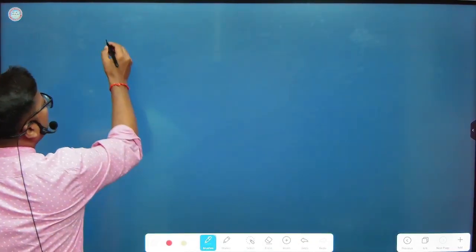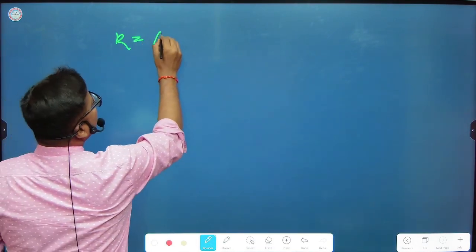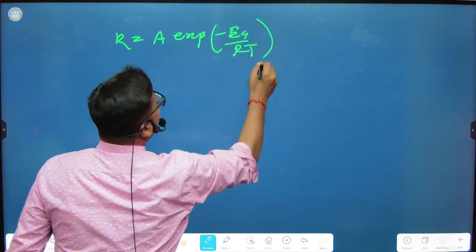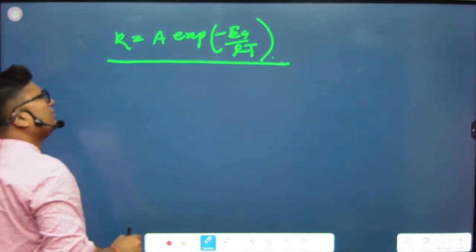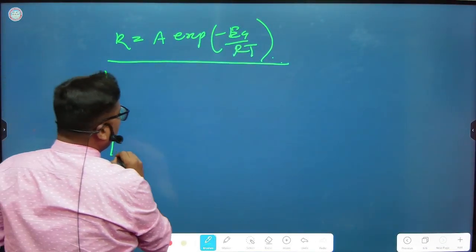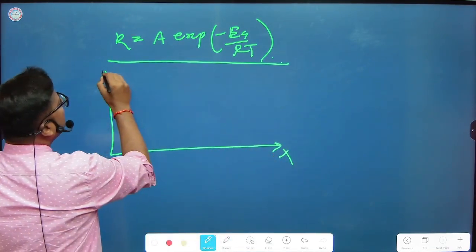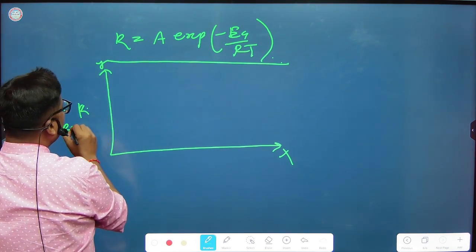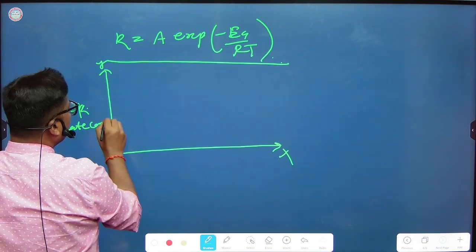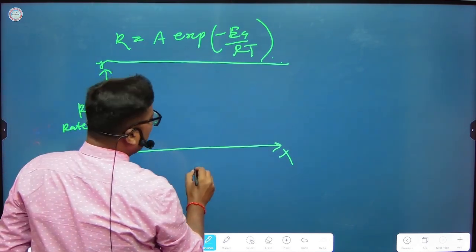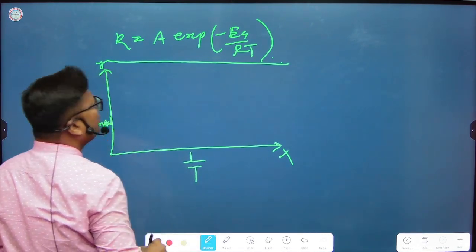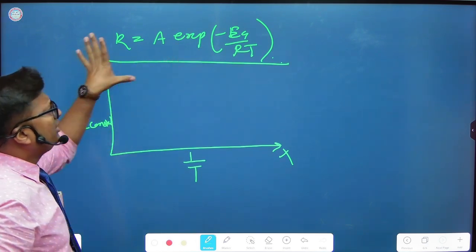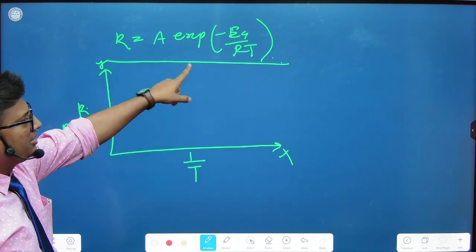in contrast, we can draw a plot. This is the x-axis and this is the y-axis. This is K, the rate constant, and this is 1 by T. Activation energy is constant, R is constant, so the rate constant will vary depending on the temperature.